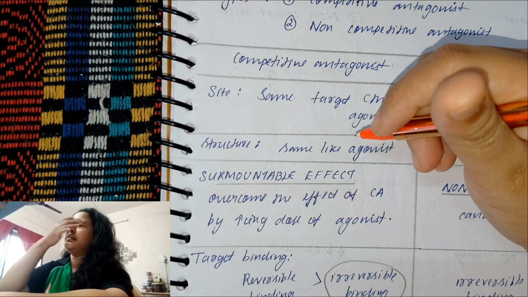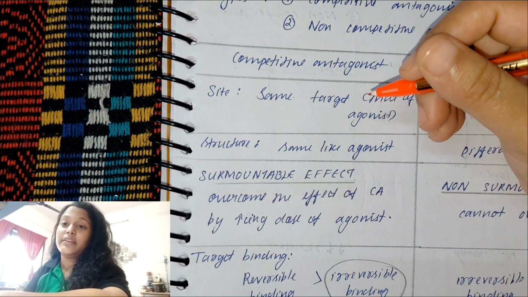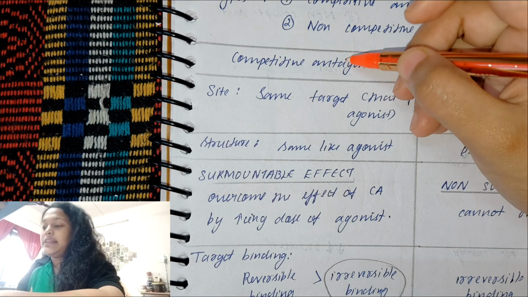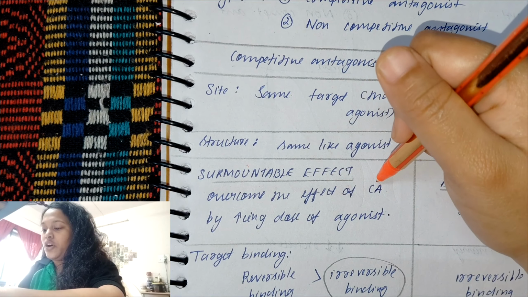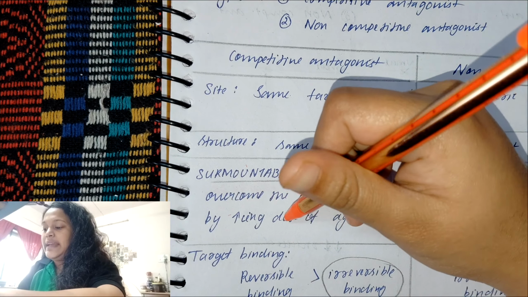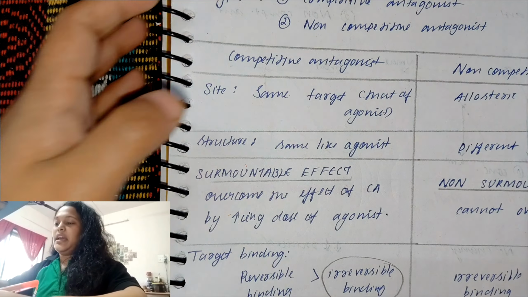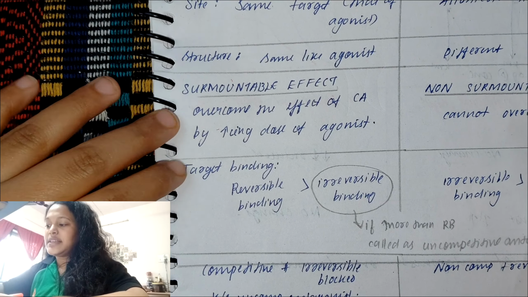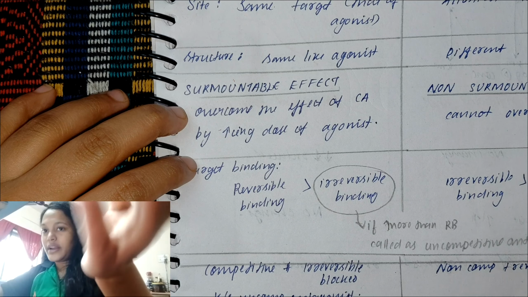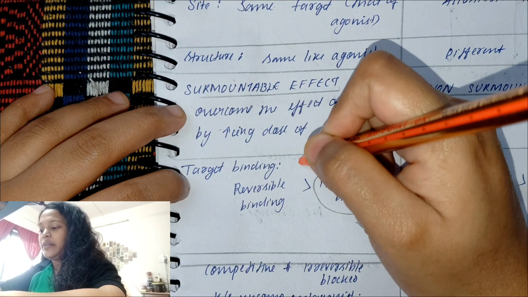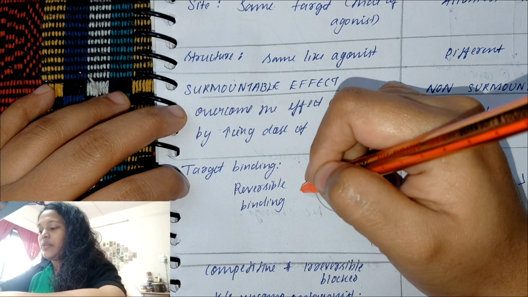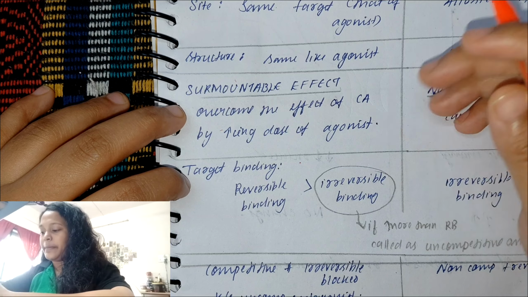We have studied a similar topic in first year. There we can show a surmountable effect, that is, overcoming the effect of the competitive antagonist by increasing the dose of the agonist. If you increase the dose of the agonist, it will overcome the pressure of the competitive antagonist. And the target binding, reversible binding, will be greater than irreversible binding.